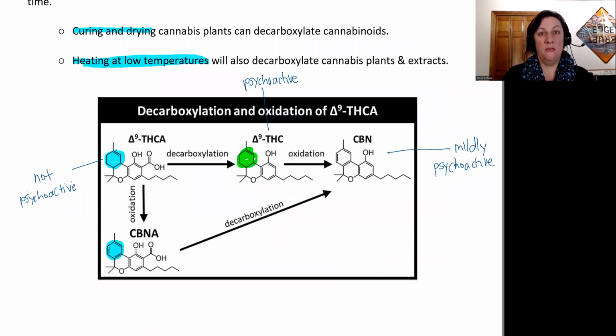Another thing to point out here, and this is focusing on THC, is that they've seen that the decarboxylation rate, like how fast it occurs, is faster for THC than CBD or CBG. They both happen in the same way, but the rate is a touch faster for THC.